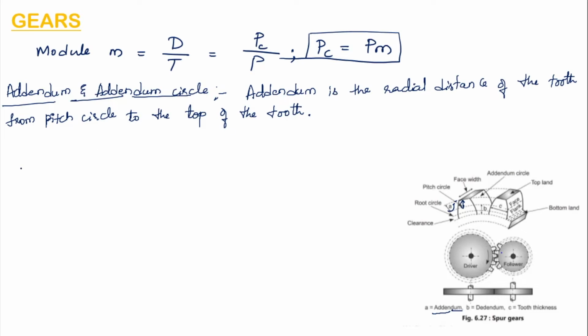Then what is addendum circle? Addendum circle is the circle passing through the top of the teeth, and it is concentric to the pitch circle. Here you can see the addendum circle. It is passing through the top of the teeth and it has the same center as the pitch circle.